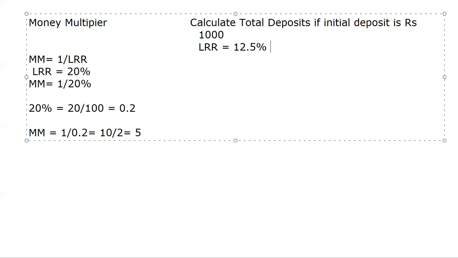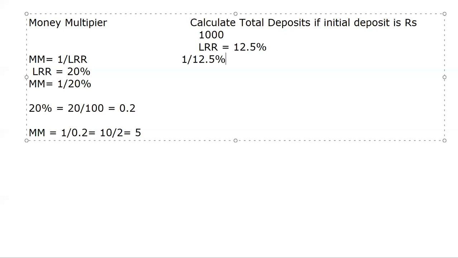Okay. LRR has been given, initial deposits have been given. So first task would be to simplify this 12.5%. So MM is equal to, again, 1 upon LRR. All of you could see it from here. So MM, money multiplier, is equal to 1 upon LRR. So in such a manner, again, we'll find it out. 1 upon 12.5%.